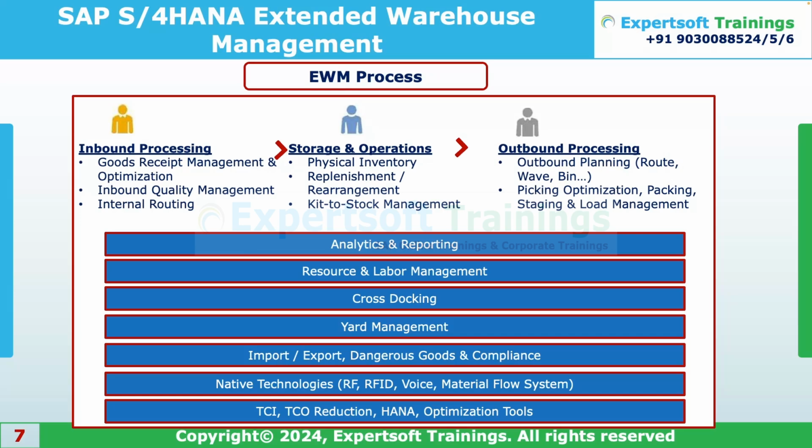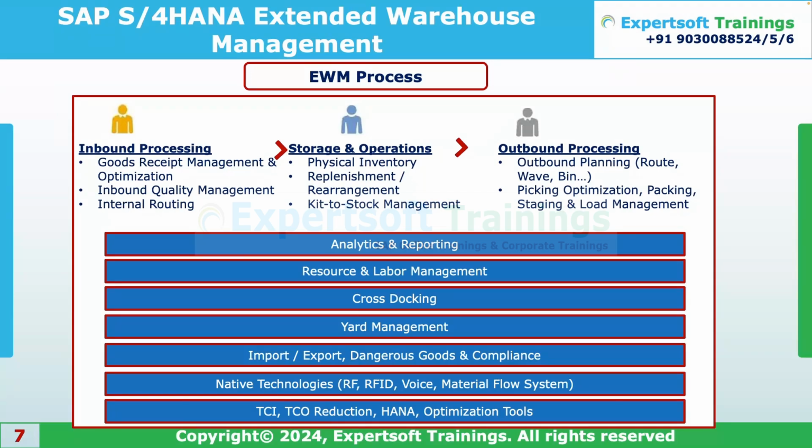There are various internal operations like physical inventory, replenishment, rearrangement. Those things will come in detail in our upcoming sessions. For each topic we are going to spend a lot of time to understand. We'll take a lot of business scenarios and I will explain it properly. What is physical inventory, replenishment, rearrangement, kit to stock, all those things we are going to discuss.